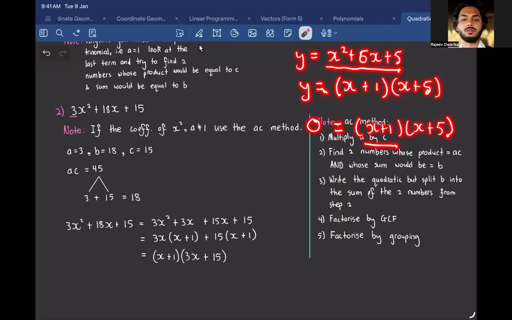So if we could figure out what value for x would make this bracket 0, then it would satisfy the condition here. So if it's x plus 1, what value for x would make that bracket 0? -1. Right. So our first root would be -1. And why is that? Because if x is -1, that'll be 0. And 0 by anything is 0. Correct. And the other solution would be when x is what?